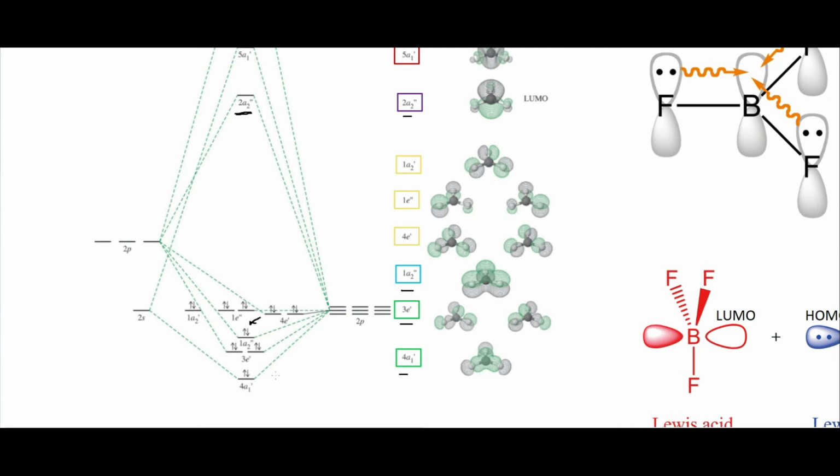But so we have this A1 here, which is bonding. We have these two E prime here, which are bonding, so these two right here. This A2 double prime is mostly non-bonding, so this kind of makes it look like it's bonding, but it's a little bit lower in energy than these other ones.